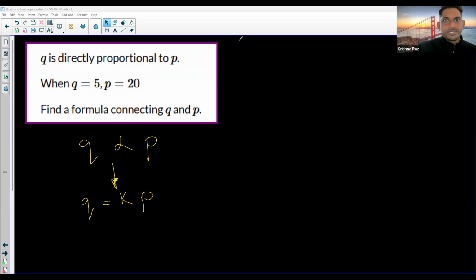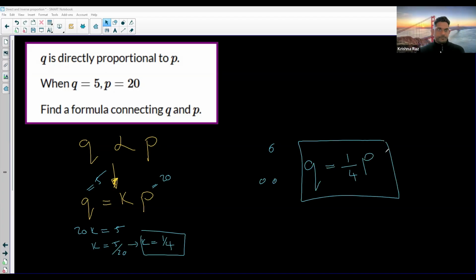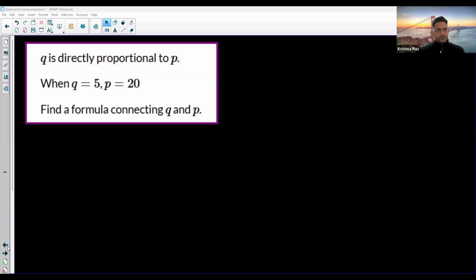And that's why we've been given some information. So we're told Q is 5 when P is 20. So 20K equals 5. So K must be 5 over 20, which is a quarter. Therefore, Q equals a quarter P. Boom. Right, jot that down. Let's have a look at another one.